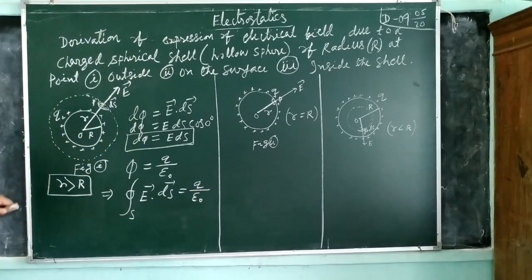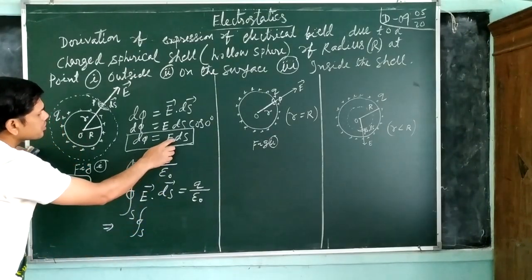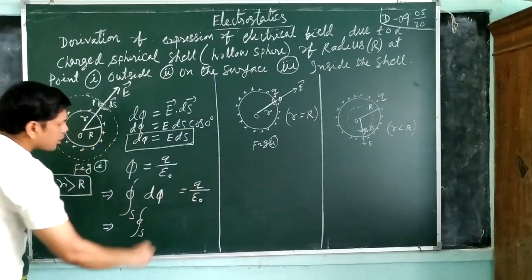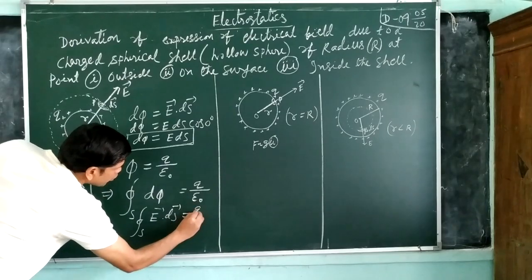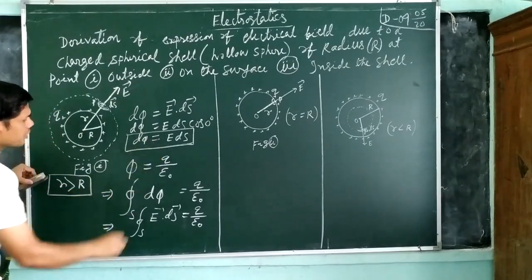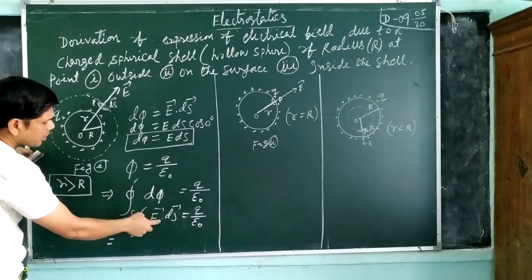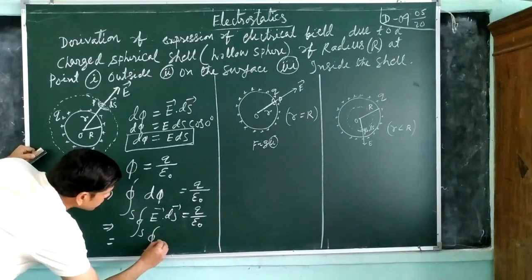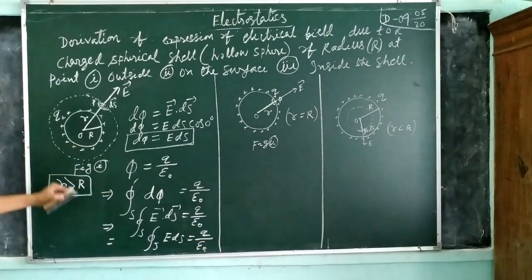Now, closed surface integration E dot ds, or you can write it first as integral of d phi equals Q by epsilon naught, E dot ds equals Q by epsilon naught. From this expression, in place of d phi, we can write directly E ds. So closed surface integration E ds equals Q by epsilon naught.